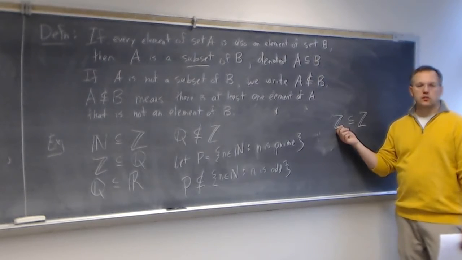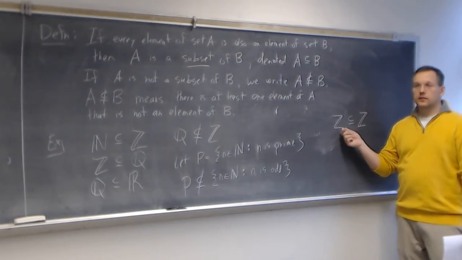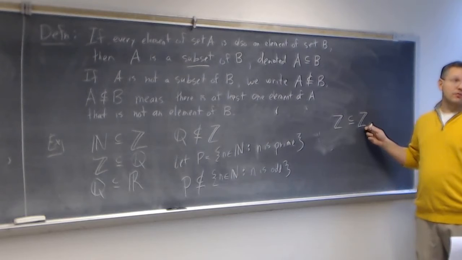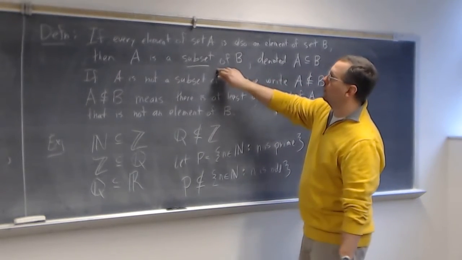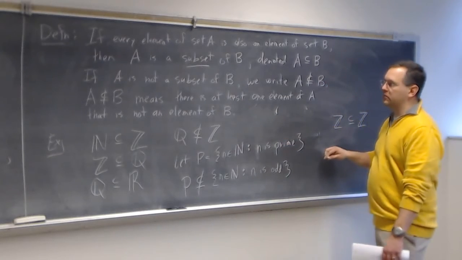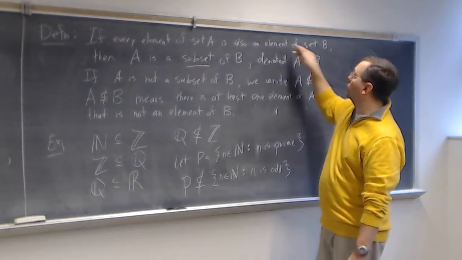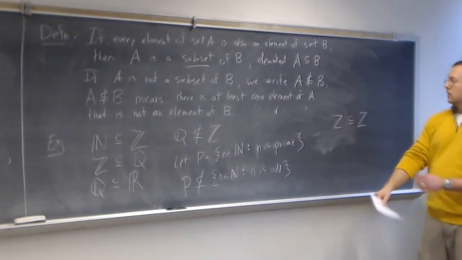Take an integer. Is it also an integer? Yeah. So it's actually true that any set is a subset of itself, by definition, right? Think about A being a subset of A. If every element of A is also an element of A, then we would say A is a subset of A. That's a true statement.